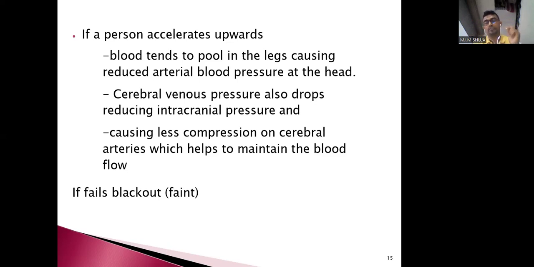So even though the pressure at the arterial end is reduced, due to the less compression of the cerebral arteries, the blood can flow into the brain. It can maintain the cerebral blood flow, so your brain will get enough oxygen. Hope you understood this. Any failure in this mechanism will lead to faintishness or blackout.